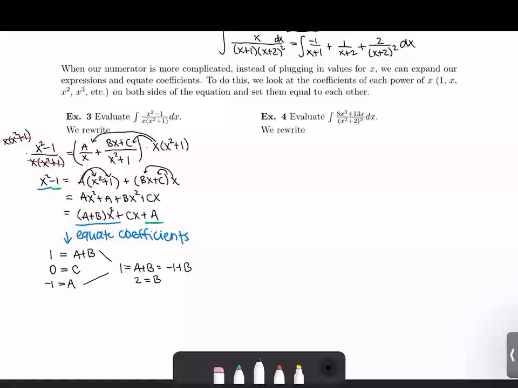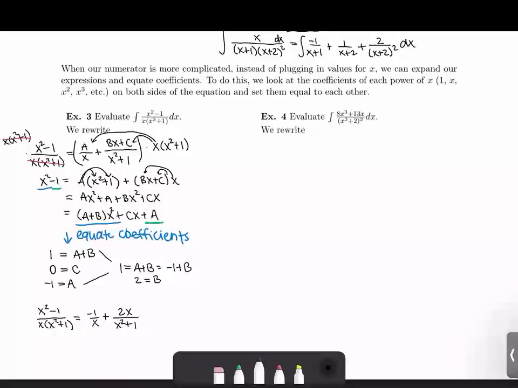So now I just rewrite my fraction like I did for my linear terms. So I have x squared minus 1 over x times x squared plus 1 is going to equal -1 over x plus my b is 2 and my c is 0, so that numerator is 2x.